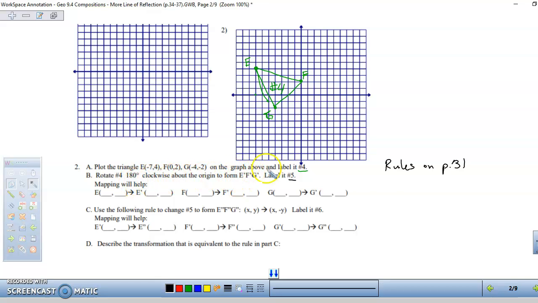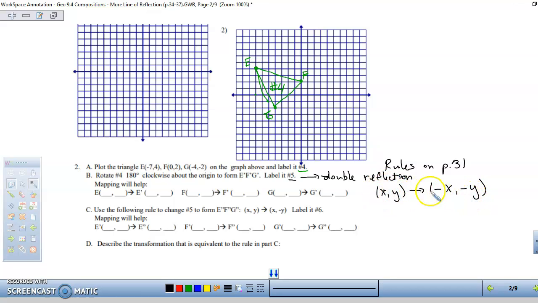So a 180 degree rotation is the same as a double reflection, and that's a reflection over the x-axis and the y-axis. So if you looked up the rule, it says to simply change the sign of both coordinates of the point.